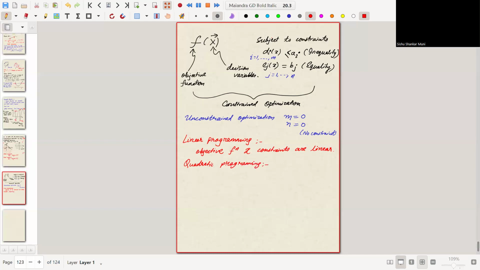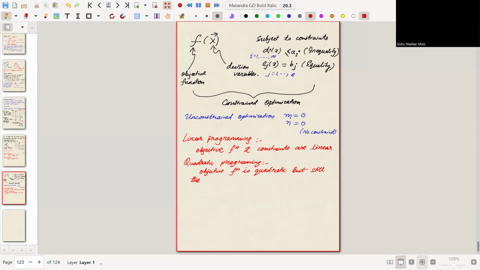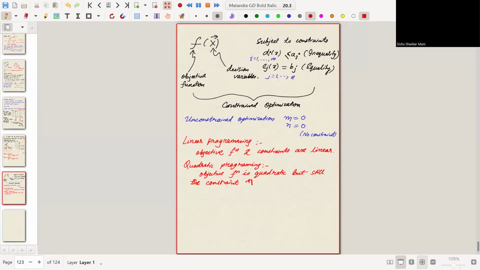In quadratic programming, your objective function is quadratic, but your constraints will still be linear.